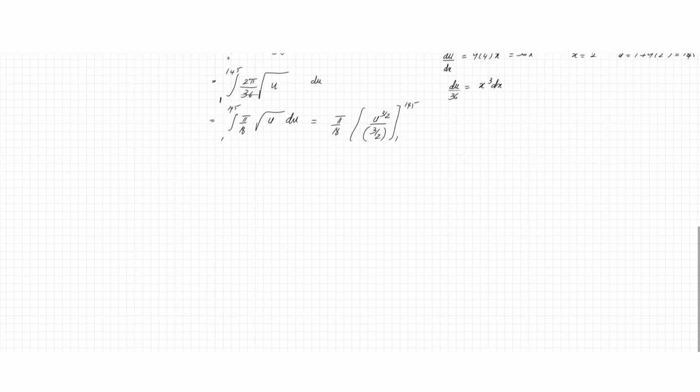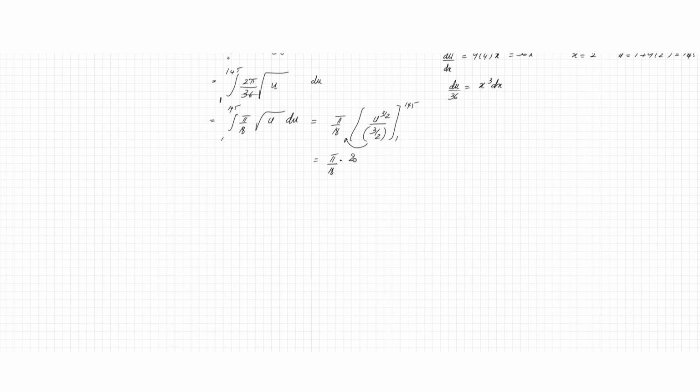Now to calculate this integral, we can use the standard formula. Before that, I will simplify it further. That gives me u to the power 3 over 2, and 3 over 2 in the denominator, between 1 and 145. I can take this out because it's a constant.